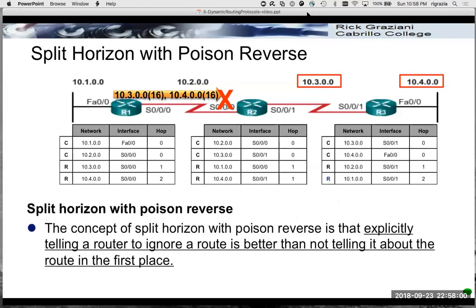Now there's another feature called split horizon with poison reverse. This concept states that it's better to explicitly tell another router to ignore a route than not to tell it about it at all. So with poison reverse, R1 is going to tell R2, hey, the 10.3.0.0 and 10.4.0.0 networks, I'm telling you explicitly you can't get there through me because you're my way there.